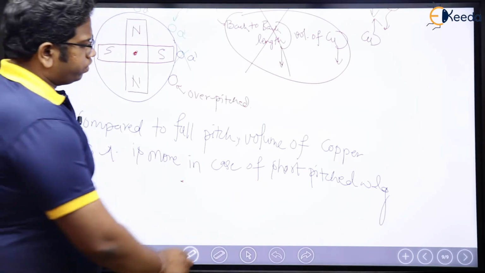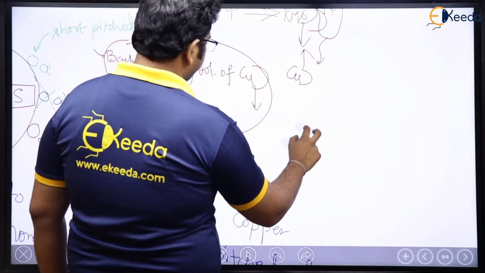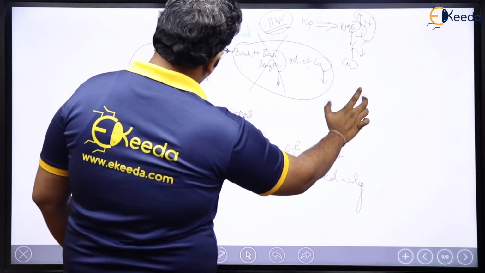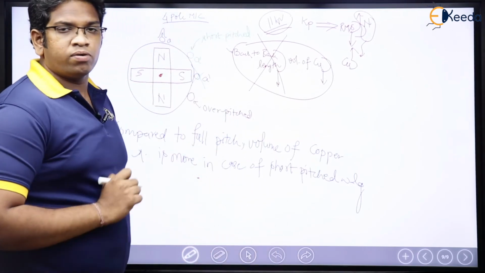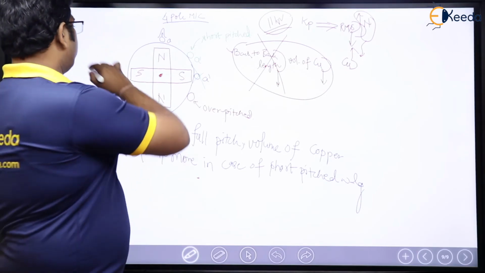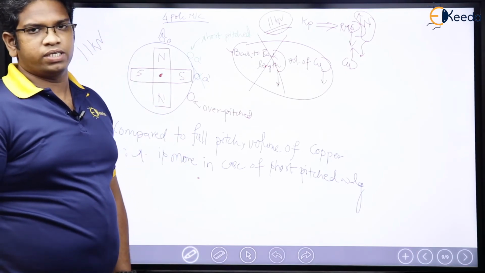Why? Because of the same reason. If it was full pitched, if A dash was placed here, then you would have got the RMS value that you wanted, 11 kV, for example.